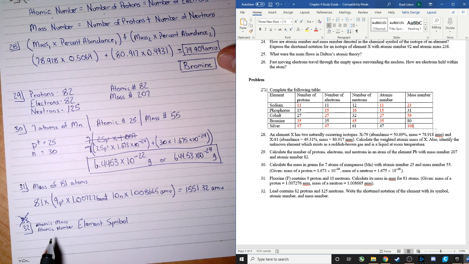In the problem we're given 82 protons and 125 neutrons.